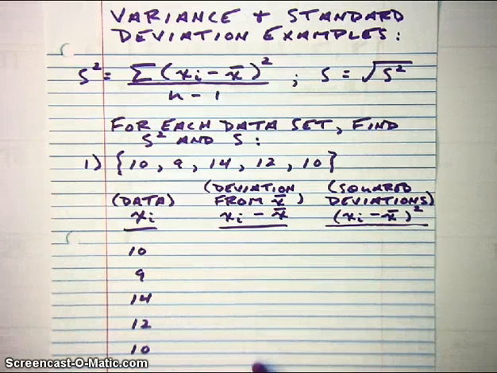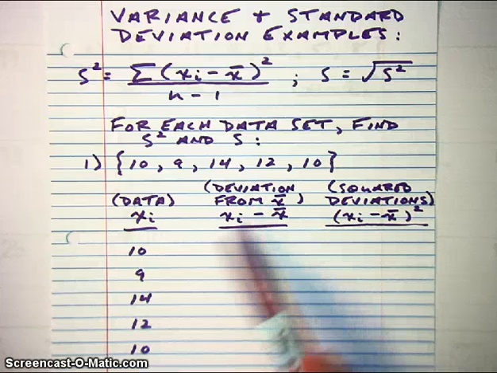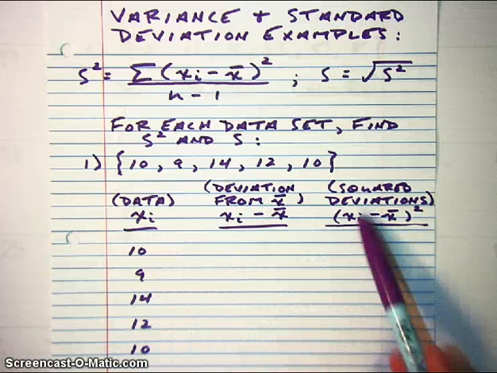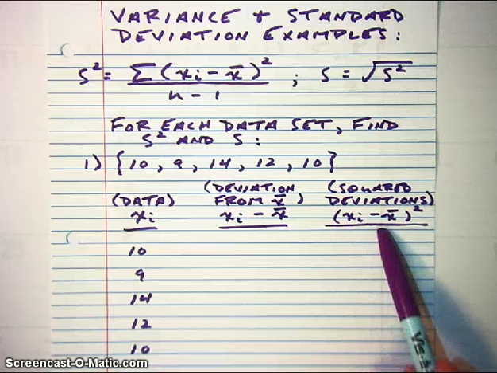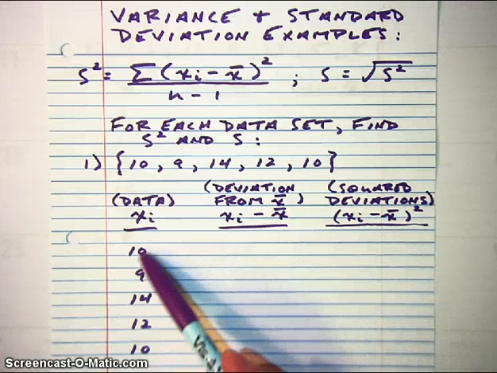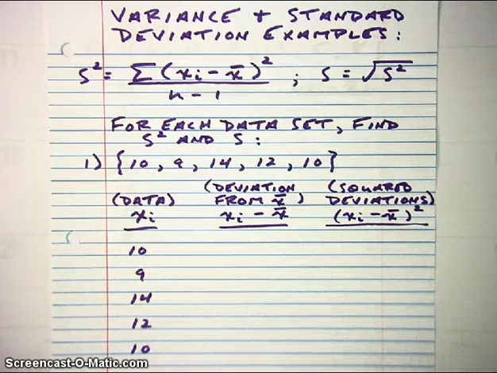Next to that, in the second column, we'll have the deviations from the mean for each of these values. And then in the third column, you'll have the squared deviations from the mean for each of these values. Now, to calculate the deviations from the mean, the first thing you have to do is find the mean.